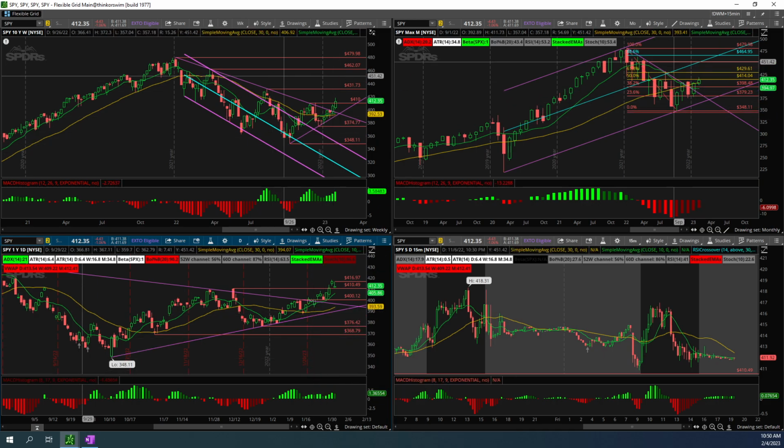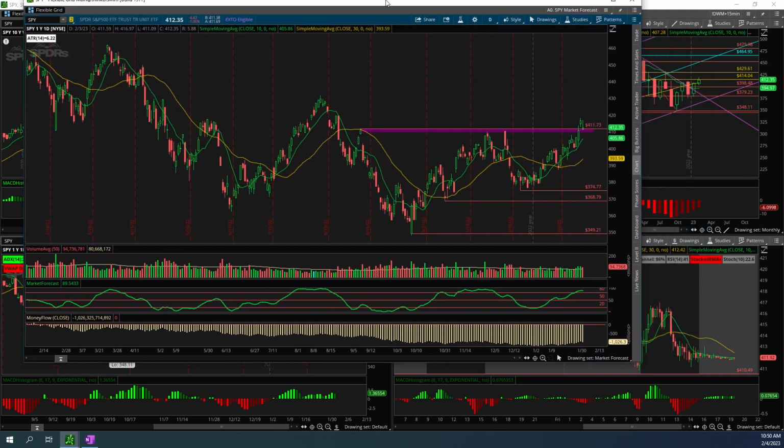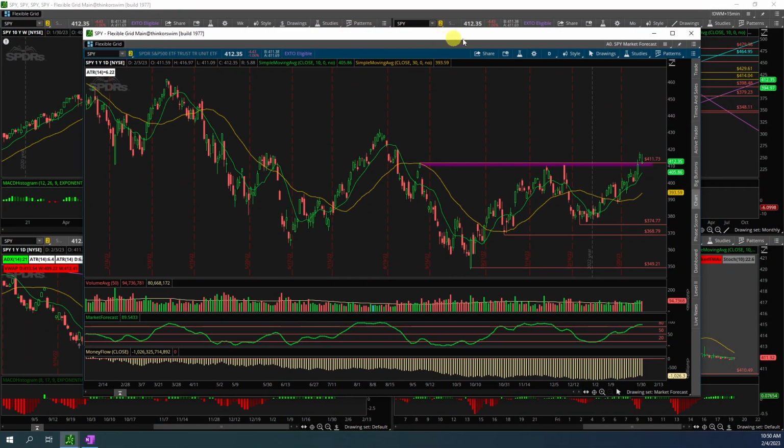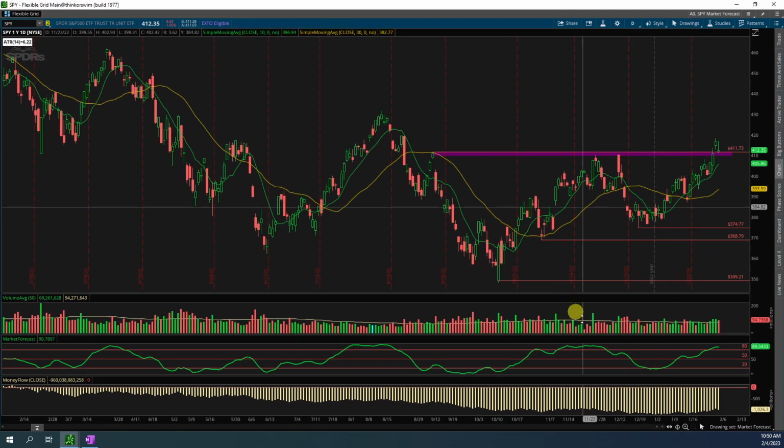Now, if we look at the SPY market forecast in the intermediate, we see that we do have an oversold area, and it's coming kind of a little bit down, so I would be a little bit defensive in this area here.